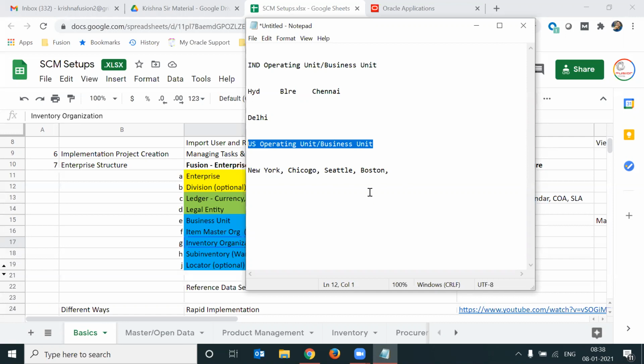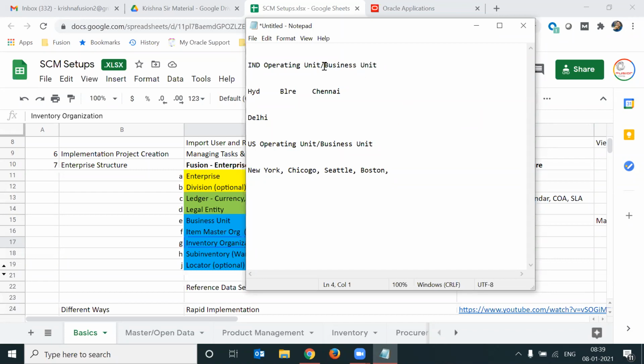Okay. And the technical explanation for business unit is, from business unit we control the sales orders and the purchase orders, because we take the sales orders at business unit level and we take the purchase orders at business unit level itself.